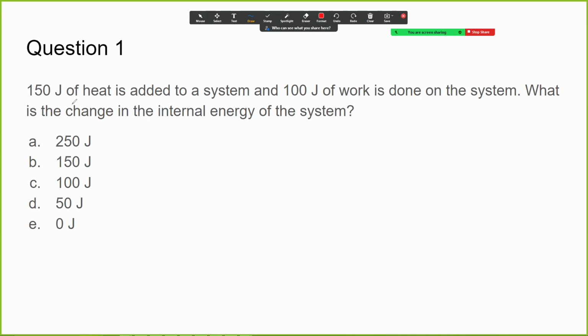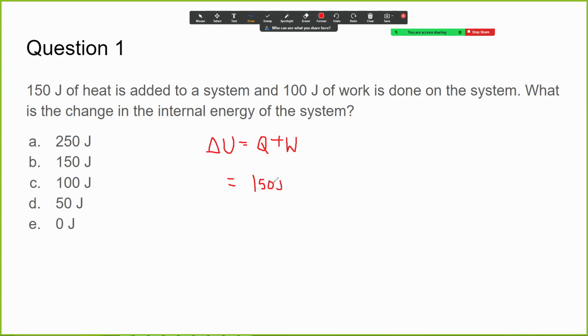Remember, heat is energy, so it's measured in joules. 150 joules of heat is added to the system, and 100 joules of work is done on the system. What is the change in the internal energy of the system? So we're talking about delta U is equal to Q plus W, and we have 150 joules of heat.